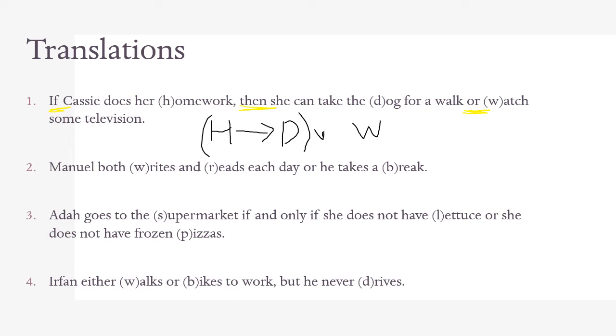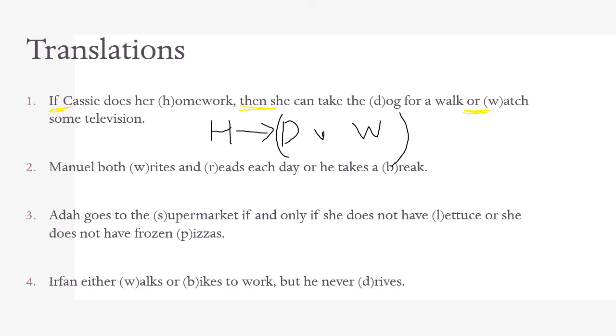That's fundamentally different than the way we symbolized it before, putting in our parentheses here and here, because this representation of the sentence says she has to do her homework before she does one of those other things. She does her homework, then she'll either walk the dog or watch some television. But the homework has to be done first, is what this sentence is saying.